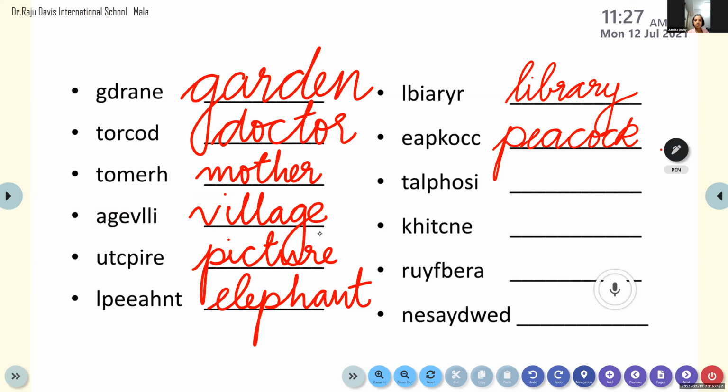Hospital. Very good. It is hospital. Okay. See here, H-O-S. Hos. So we can break this word into 3 syllables. Hospital. T-A-L. Similarly, you write the spelling of the word. Break the word into 3 syllables. So you will learn the spelling so easily.